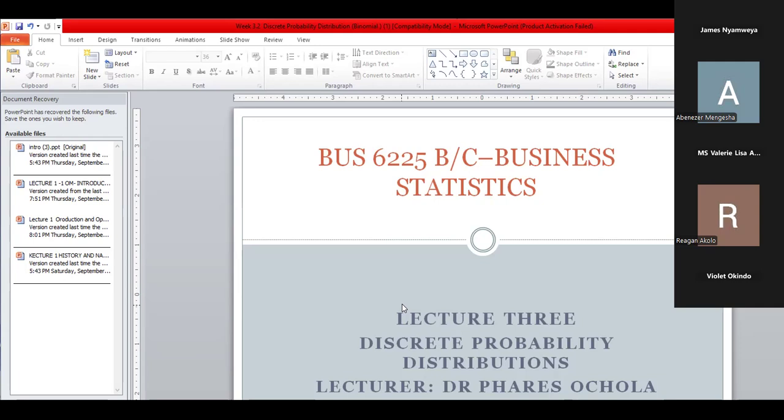I want you to go online, even Google Scholar is available, and check the descriptive narrative of discrete probability distributions, just a description of what they are. But generally, they are used to model discrete random variables. These are variables that can take only whole number values.